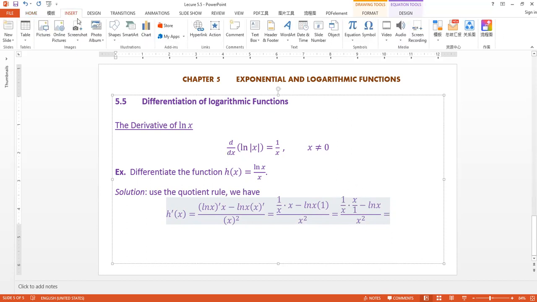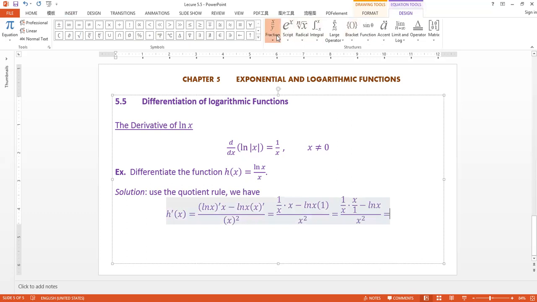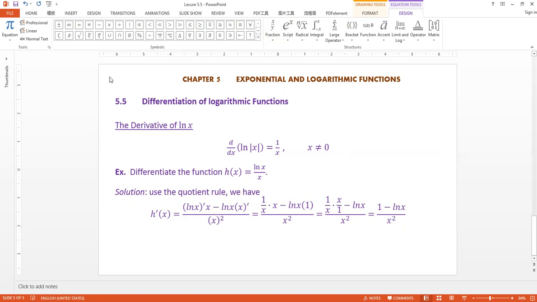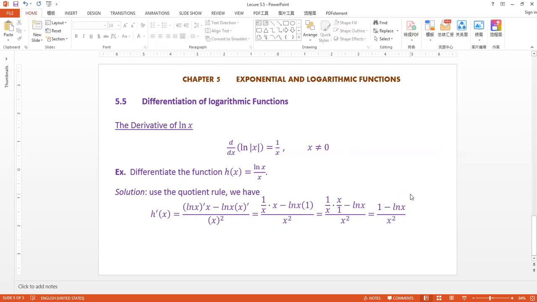Just make sure you don't make this kind of mistake when you multiply things and cancel a factor from the top and the bottom of a fraction. You're going to get a 1. So the first term on top is 1, and then the other term is negative ln x, and the bottom is x squared. So at the end, the answer is 1 minus ln x over x squared. That's the answer.